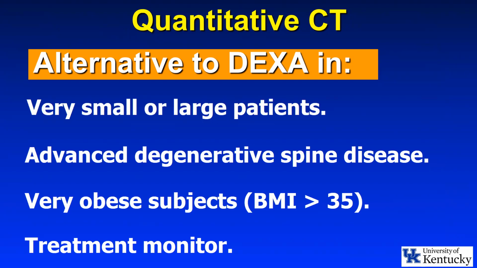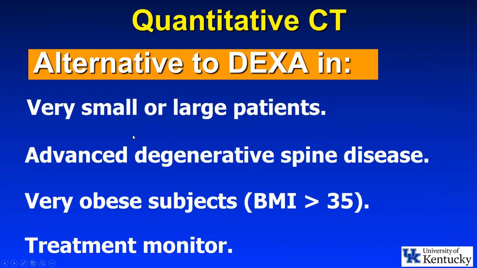QCT scan is 3-dimensional. It's volumetric. The DEXA scan is an areal measurement. Here is volumetric measurement. So the DEXA scan gives you the bone mineral content and bone mineral density in grams per square centimeter. Here it gives you per cubic centimeter because it's volumetric.